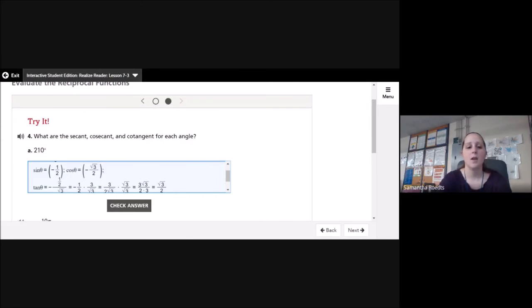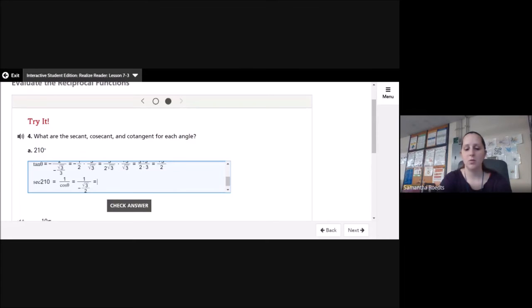Okay. So then I'm going to find the secant, cosecant, and cotangent for this. So the secant of 210 equals 1 over, and the secant is the opposite of cosine, so cosine theta. So this is going to be 1 over negative square root of 3 over 2.